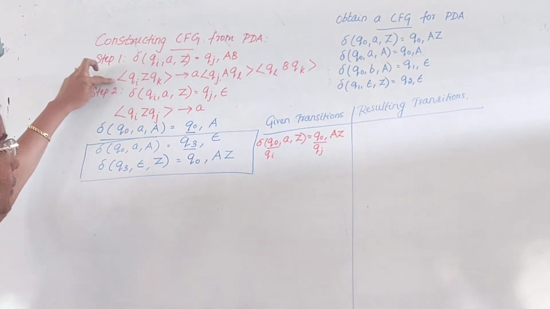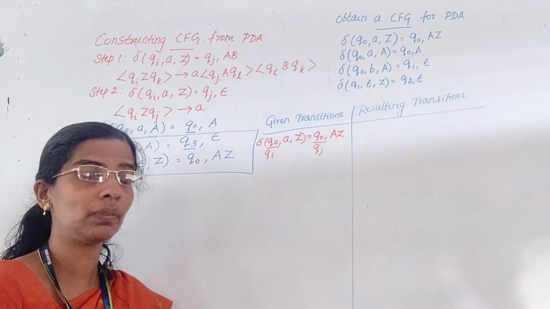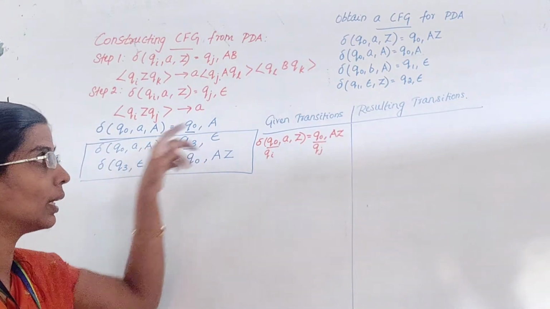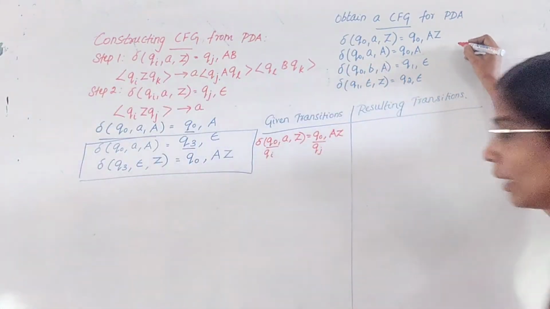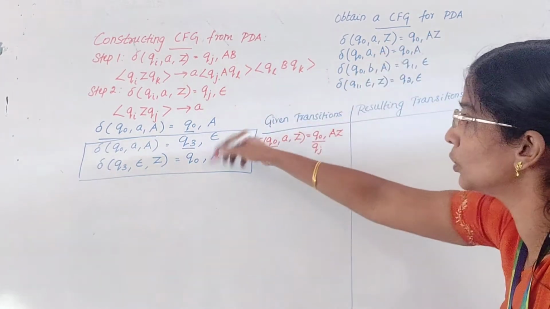Right, so apply this, and here both K and L, how many possible values are there? Now you can check till Q3. Right, this transition, how have I rewritten it? I have rewritten it to these two transitions.